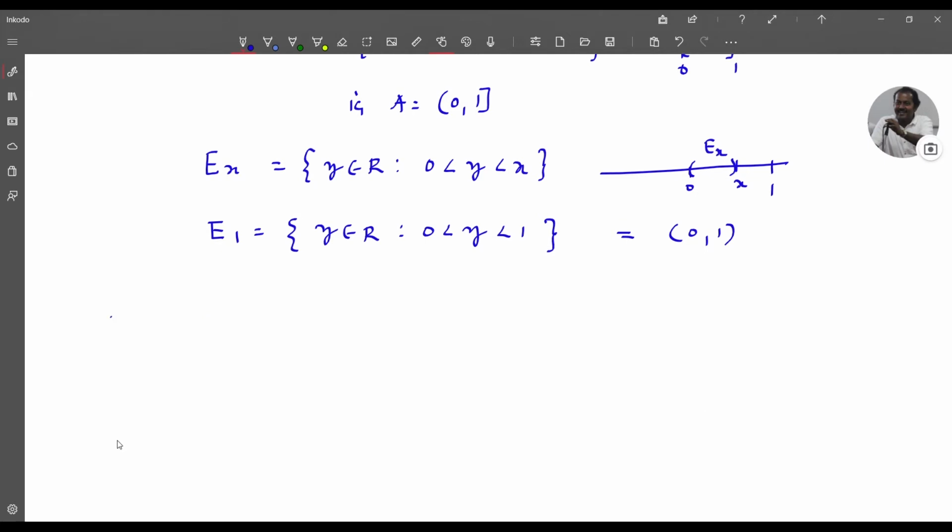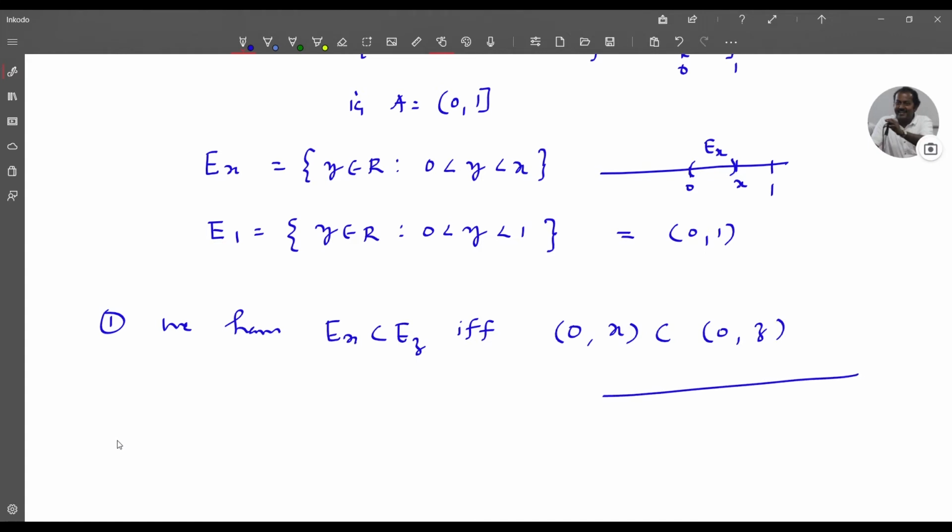Now you consider 1: Ex is contained in Ez if and only if (0,x) is contained in (0,z). So you have this interval, which is Ex, and this interval, which is Ez.